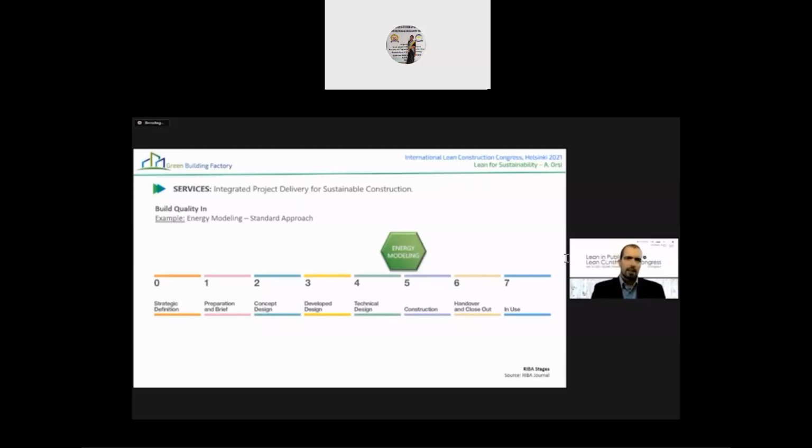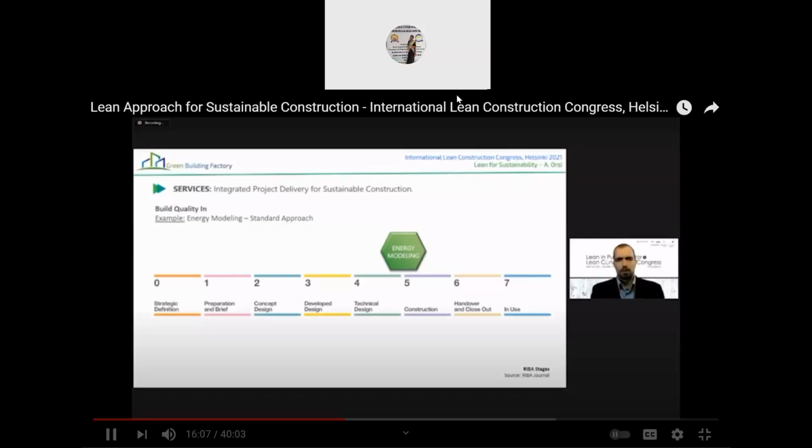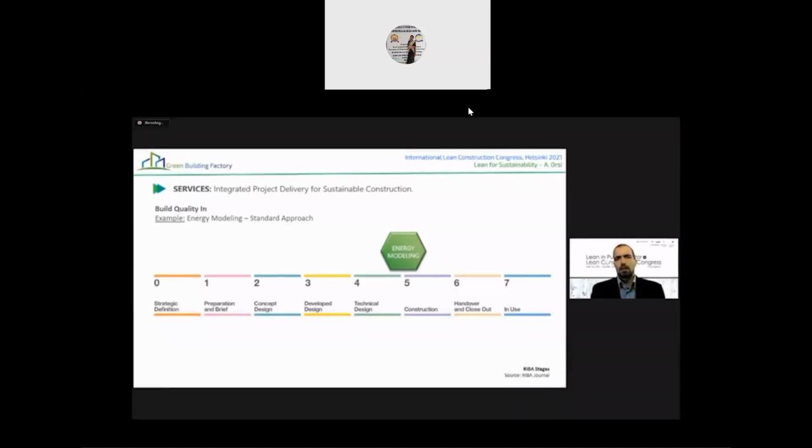We get the information of the building, and it takes us 1 to 2 months, depending on the building, to do it. And once the energy modeling is done, which should be done to optimize the energy performance, they say, oh no, the project has already been approved, has already been bid out, and we cannot modify it. We'll do a change order. But that's not the purpose, we say.